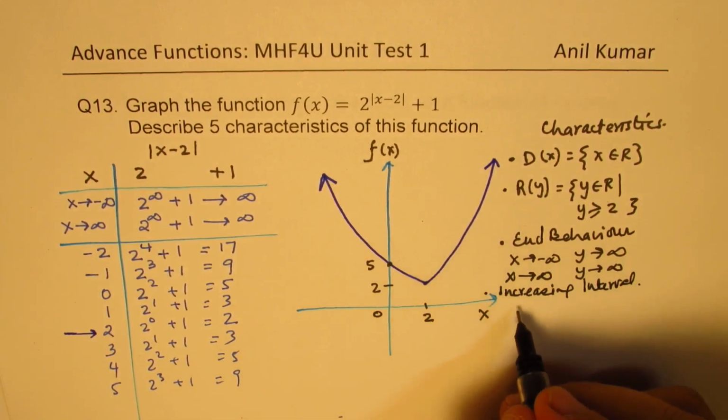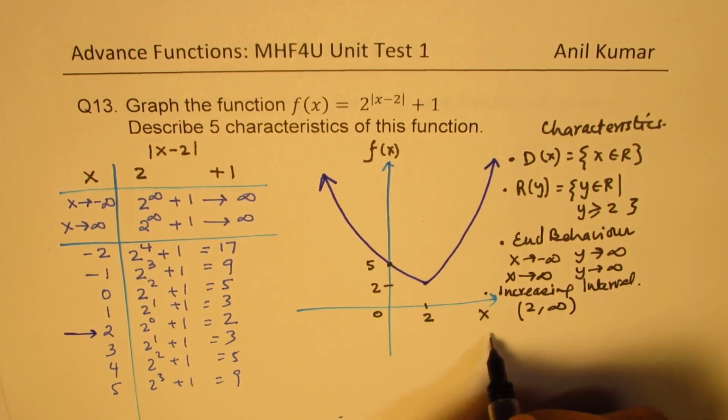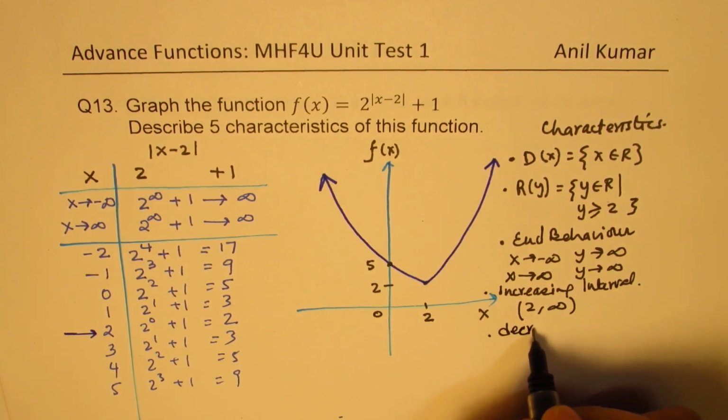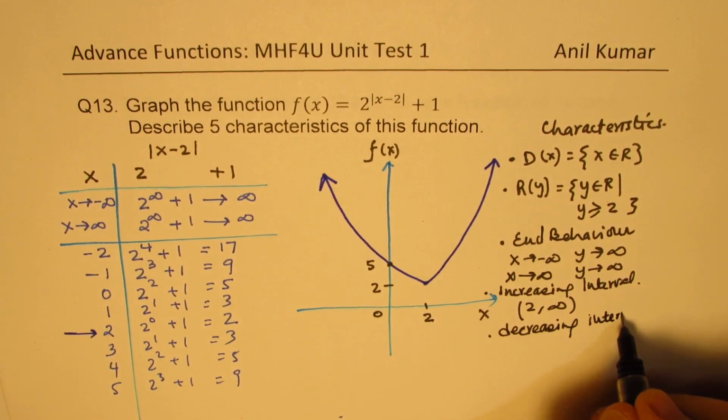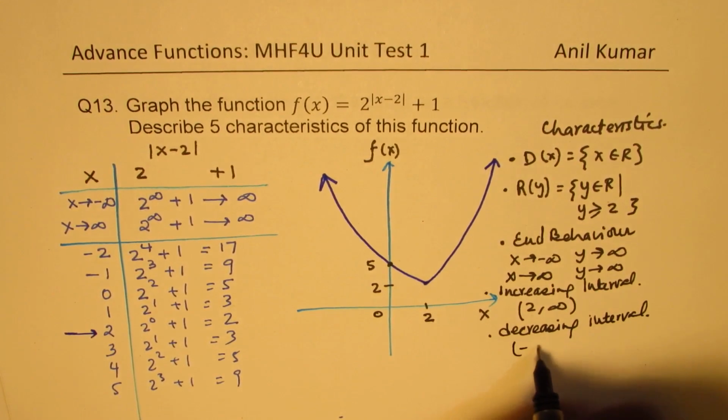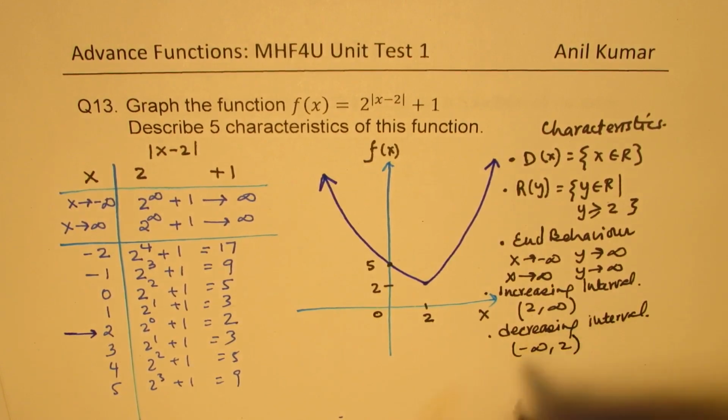It is increasing from 2 to infinity, correct? And then we can write the decreasing interval. It is decreasing from minus infinity to 2. Okay? So that is how we could write different characteristics for this particular function.